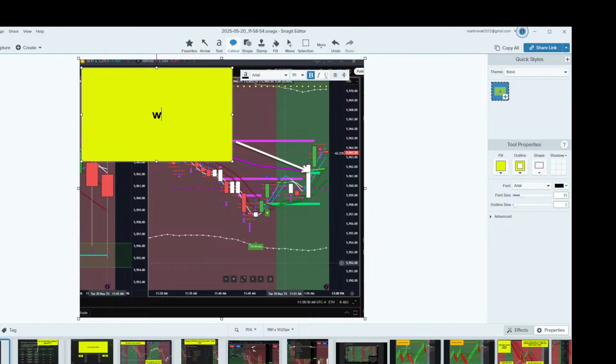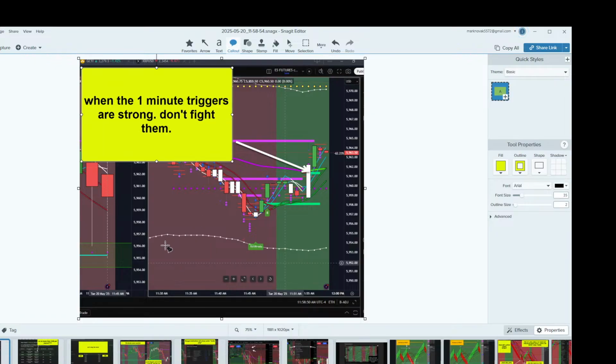For everybody going over here, when the 1 minute triggers are strong, don't fight them. This isn't trading advice. This is the recipe for financial suicide.